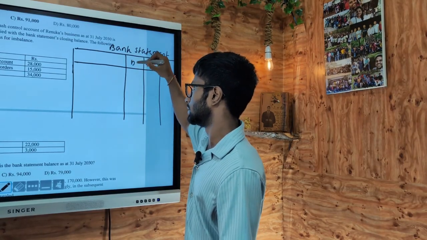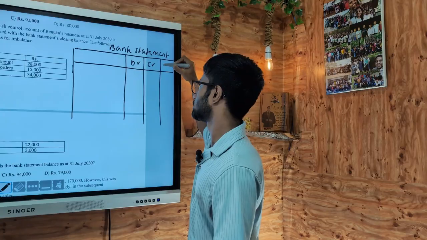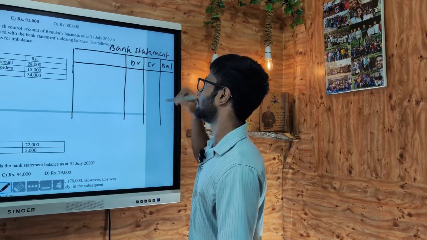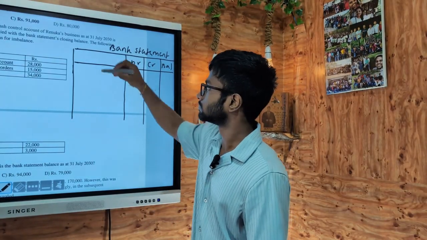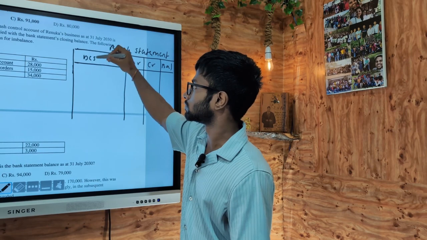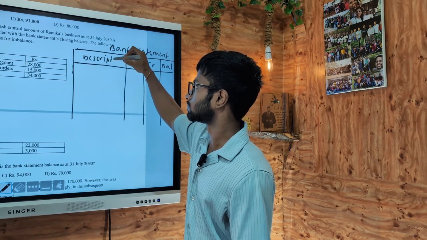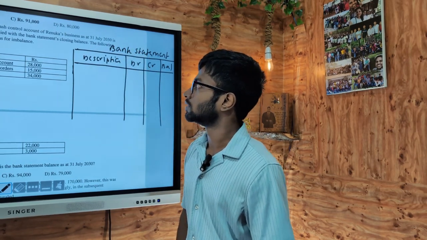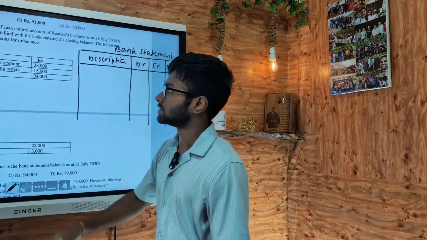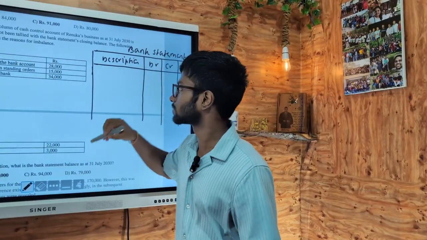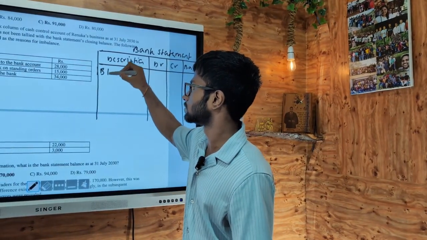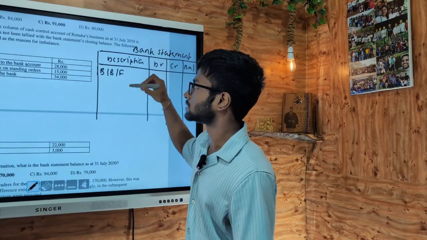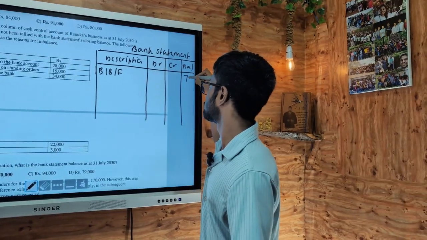So here you have the debit balance, credit, and you get balance here. So first what we can do is record the opening balance, which is 72,000.